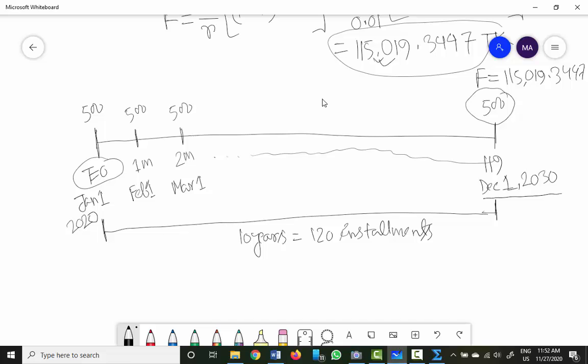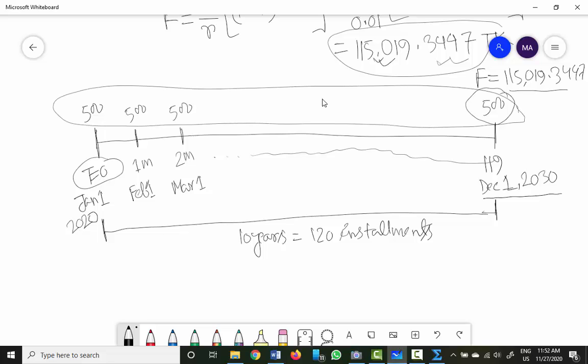This is the date when you will make your last deposit, and it is the time when the account matures. So at this period you should get this amount, the future value of the full annuity.